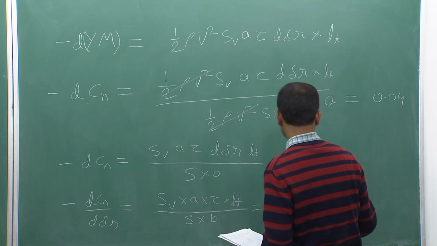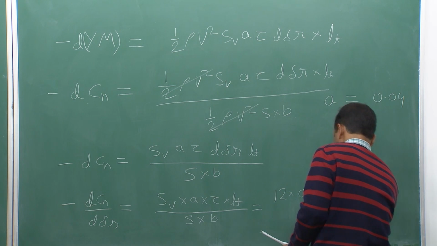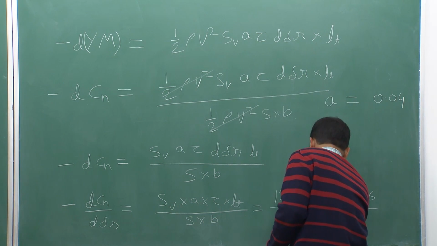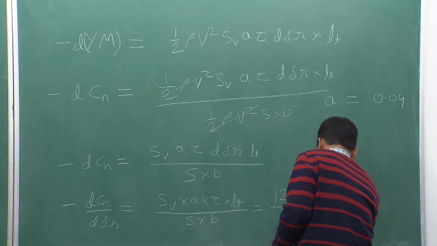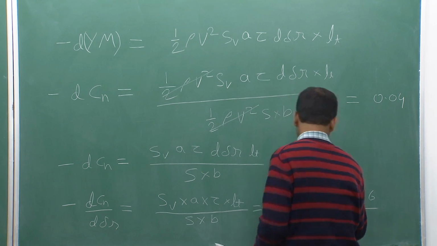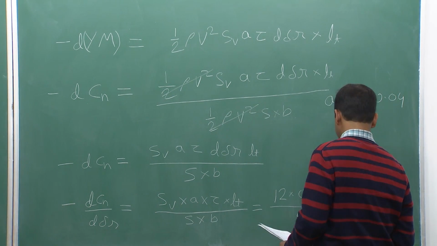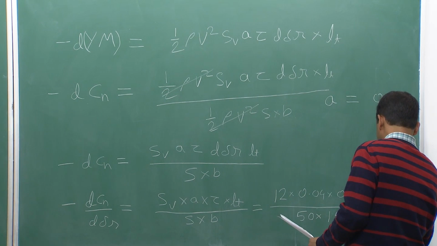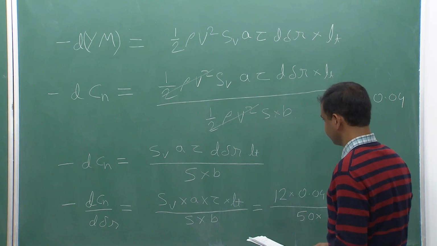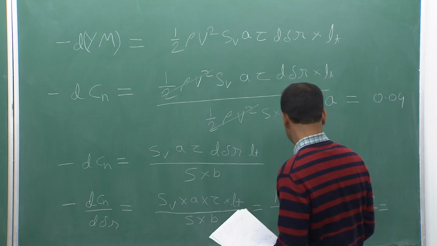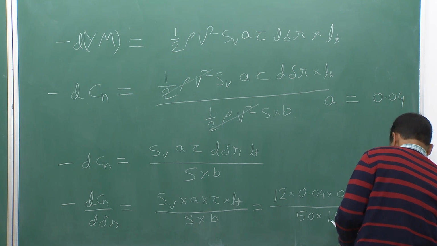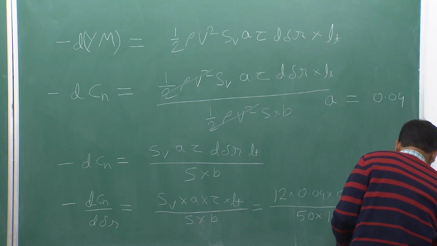And Lt is 6 meters, divided by the wing area, which is 50 meter square, multiplied by the wing span, that is 15 meter. By solving this, we will get the value of minus dCn by d delta r, and this will be 0.001536 per degree.